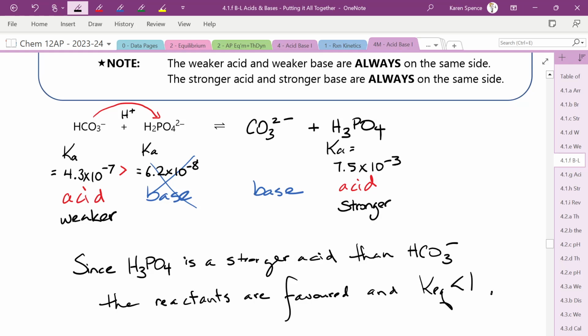Now that I've fixed it 7 times, we're doing it wrong 7 times.